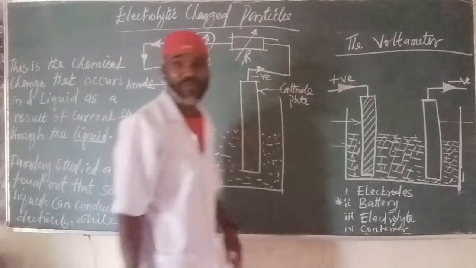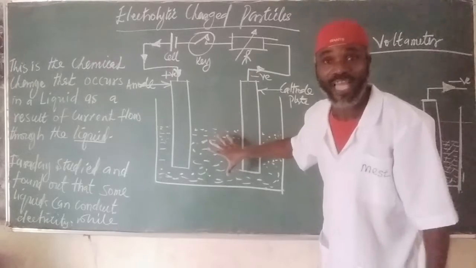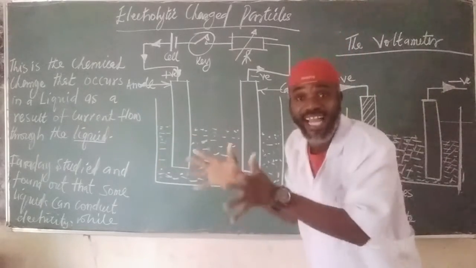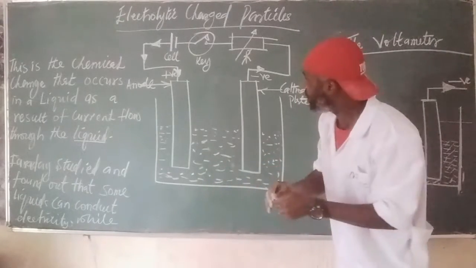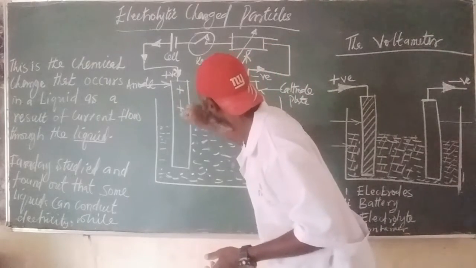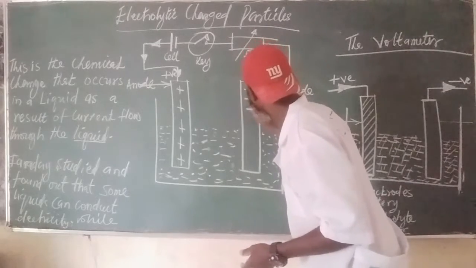You know what happens? These particles that were busy moving up and down randomly will quickly organize themselves. Because this is a positive pole, this is a positive plate, and this is a negative plate.